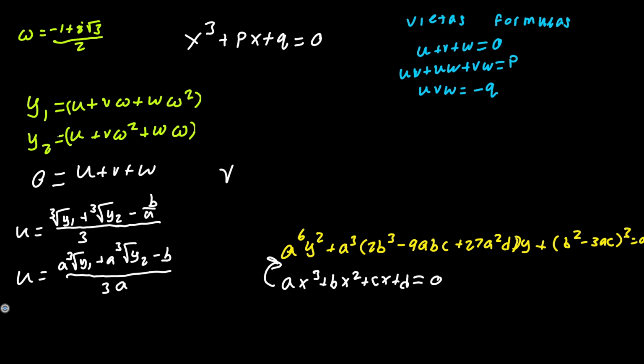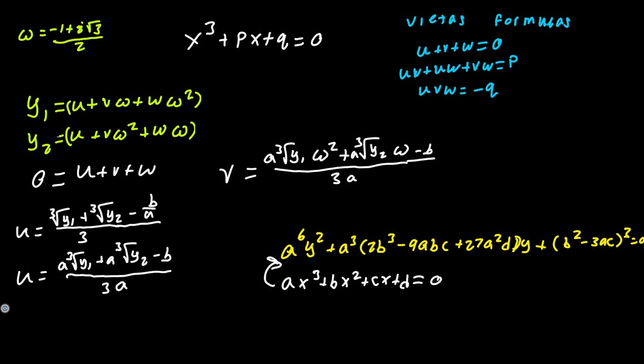Just have v is equal to a times the cube root of y1 omega squared plus the cube root of y2 multiplied by a times omega over 3a minus b, and so on.